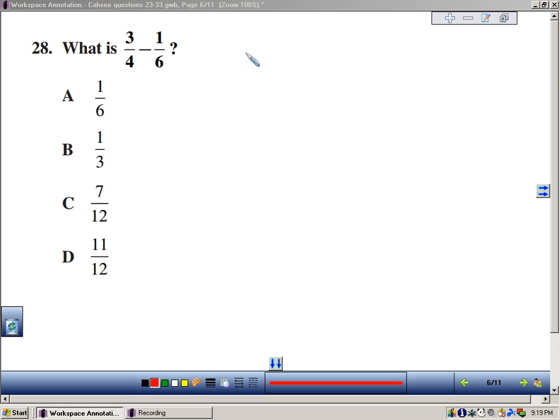Since we're subtracting, I know and you know that we have to have a common denominator. So start with the largest number, 6, and ask yourself, 6 times 1 is 6. What do I multiply 4 by to make it 6? And you just can't do it. 4 times 1 is 4, 4 times 2 is 8. Now ask yourself, what's 6 times 2?